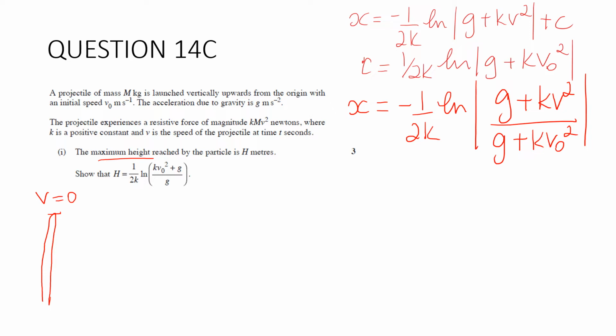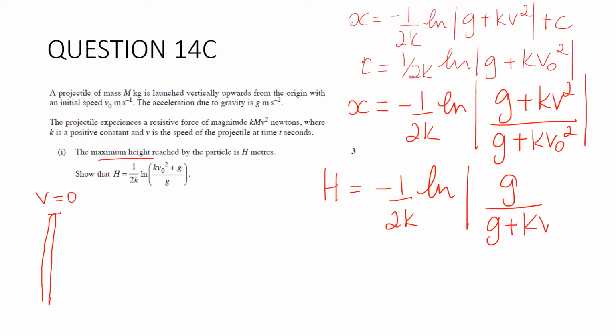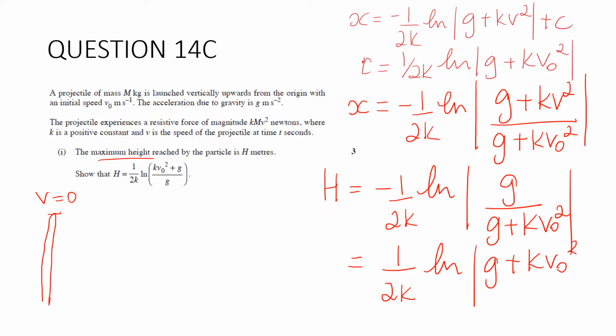And so the maximum height will be h, which will be equal to negative 1 on 2k ln g over (g plus kv naught squared). I've got it upside down, don't I? So let's flip it. 1 on 2k ln (g plus kv naught squared) all over g.